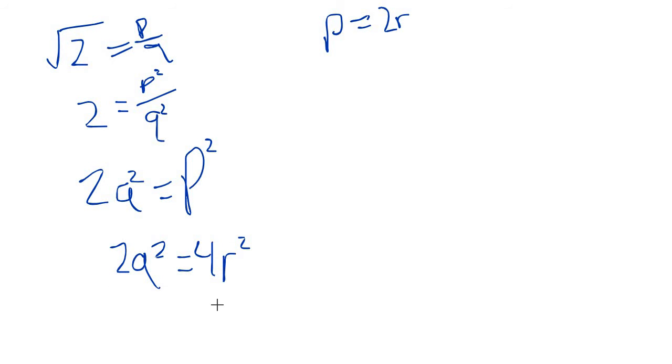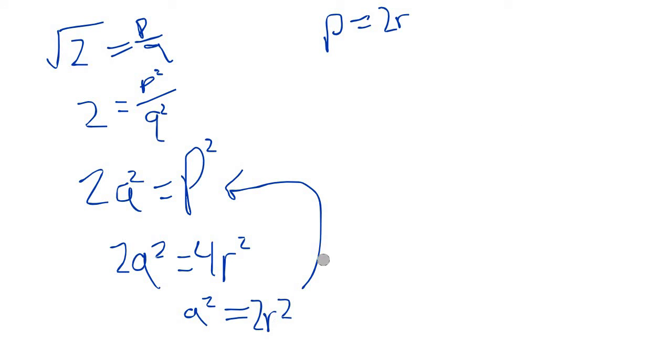Then we divide by 2, and we get that q squared equals 2r squared. And from here, we can see that q is also even. It's the same case as above, where we got 2q squared equals p squared. So q squared is also even.